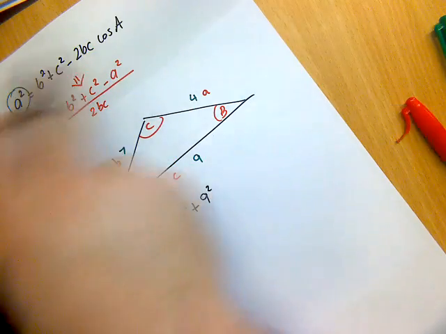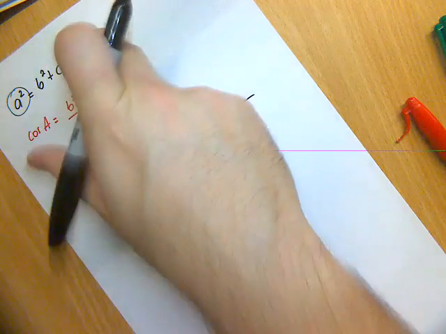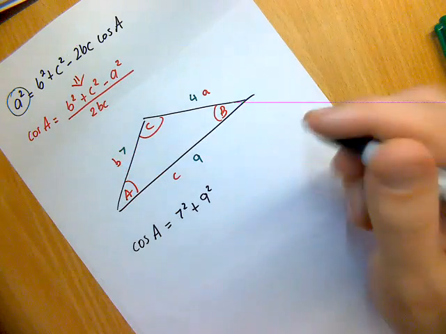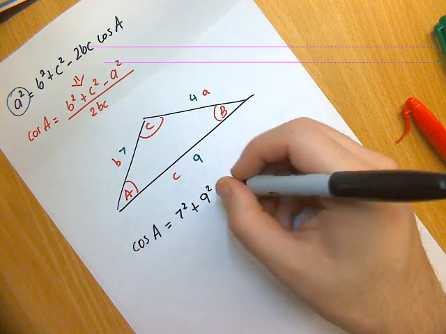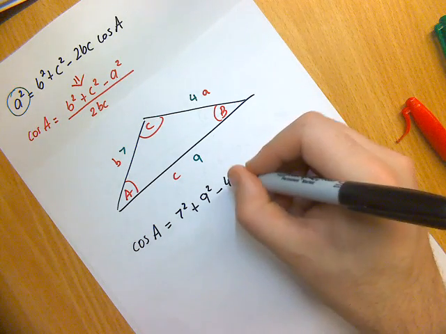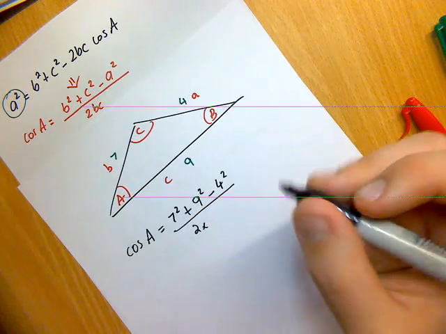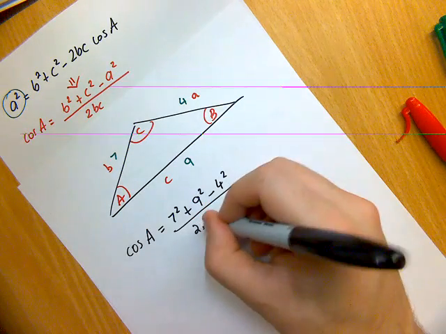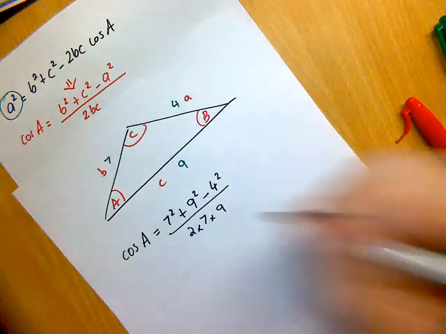Now remember, this is just a rearranged version of this equation here. If you're going to rearrange that to make cos A the subject, this is what you would get. And where was I? Minus a squared. So minus our a squared, which is our 4 squared, divided by 2 times b, which will be 7, times c, which will be 9.